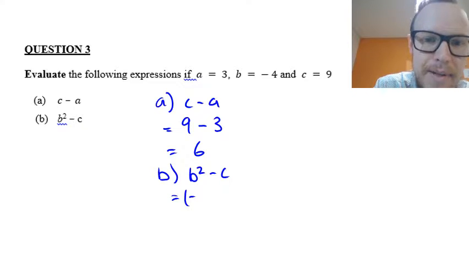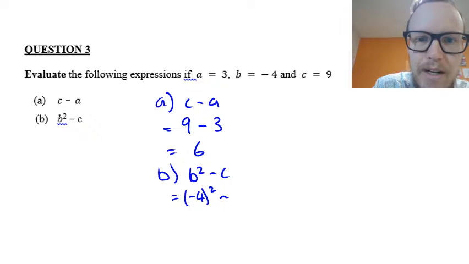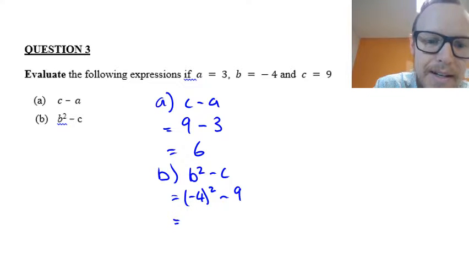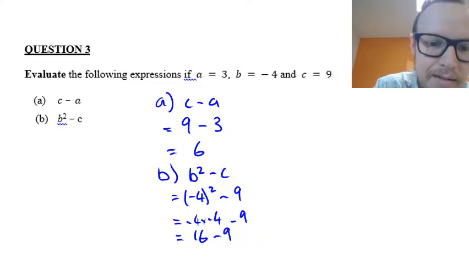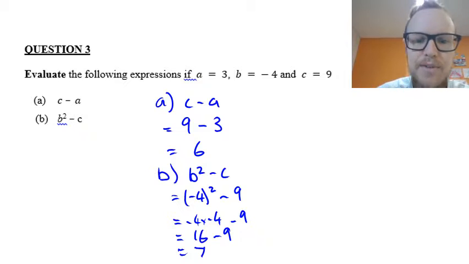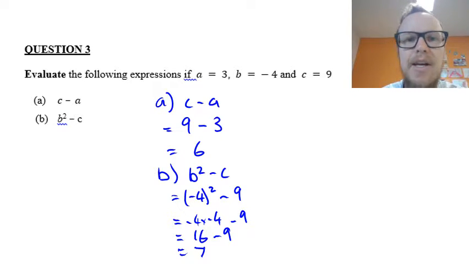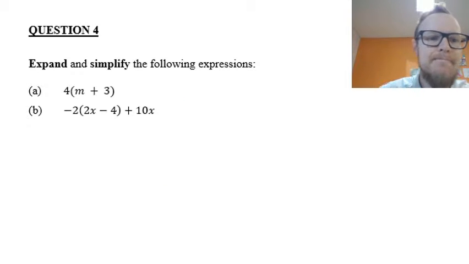Here b is negative 4, so we need to take the square of negative 4, minus 9. Now negative 4 squared is negative 4 times negative 4, minus 9, which is positive 16 minus 9, which is 7. Of course, if we just put that into our calculators, we'll be able to get that answer straight off, making sure we use the brackets there.